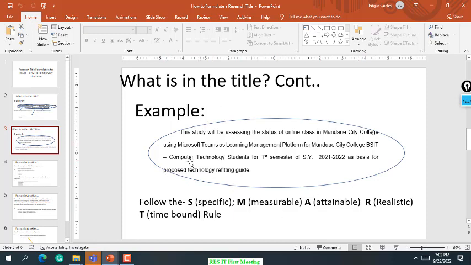If you look at the structure and check on the SMART rule, indeed the specific, measurable, attainable, realistic, and time-bound rule is attained. Basically, the proposed technology retrofitting guide is actually the output of the study, the expected output of the study.